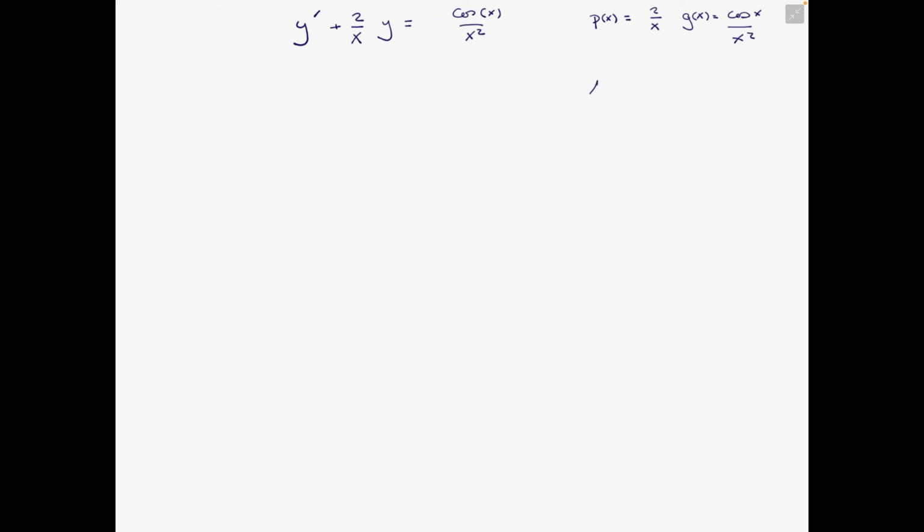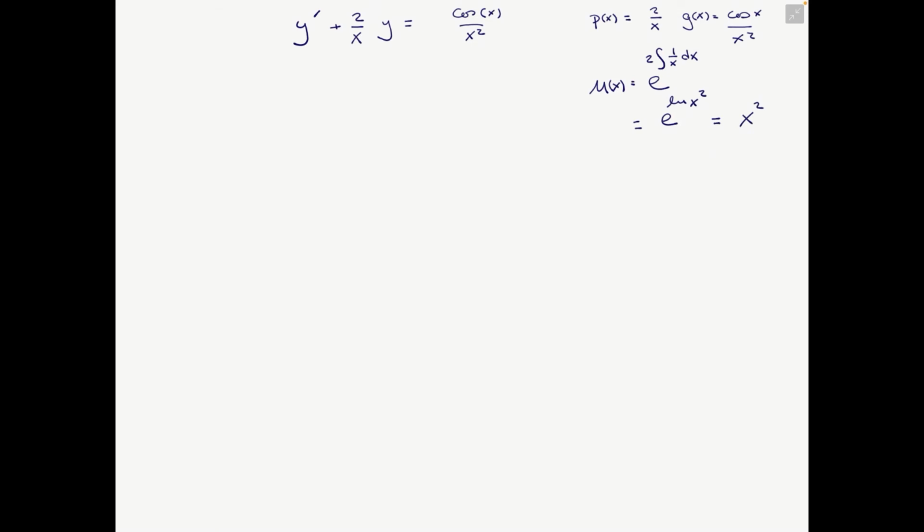And the mu of x is equal to e to the integral of 2 on x dx, and that's equal to e to the ln of x squared, and that's equal to x squared.